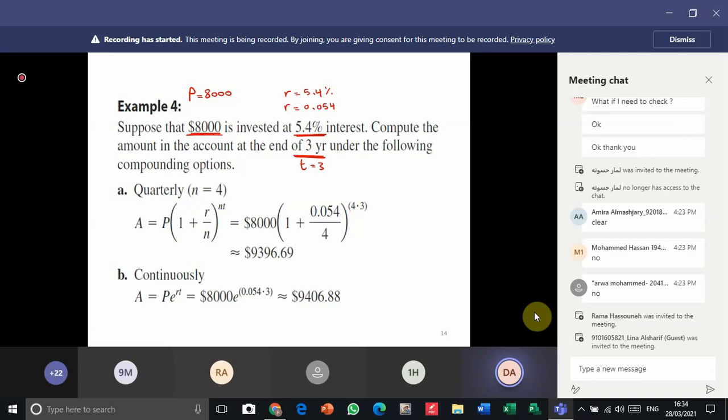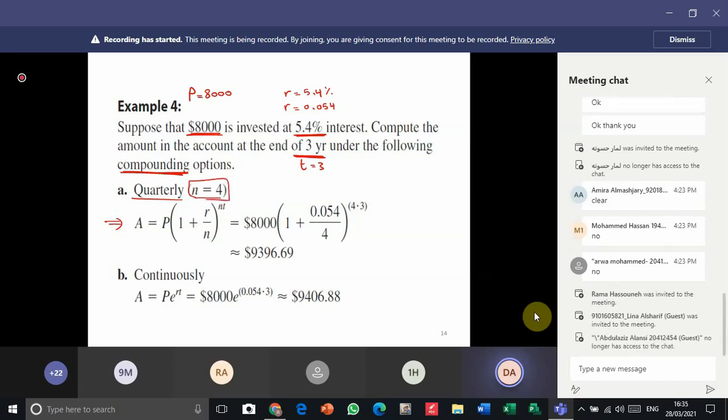under the following compounding options. Quarterly, this is n equal to 4. Because this is compounding, we have compounded interest, with n equal to 4. So we use the second formula.